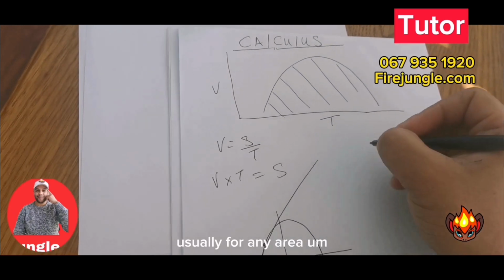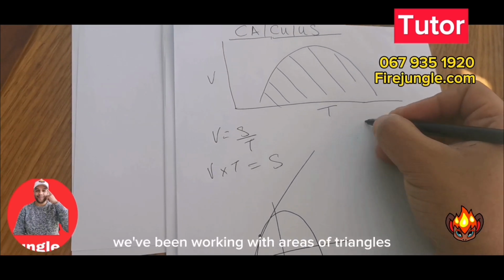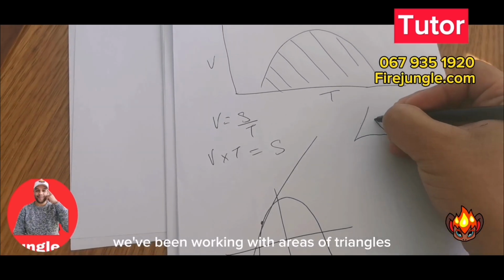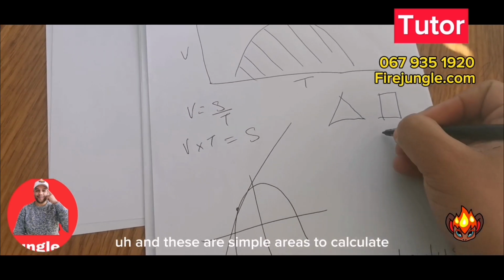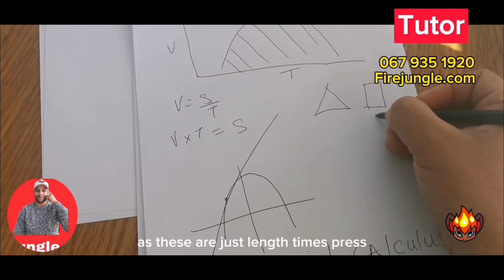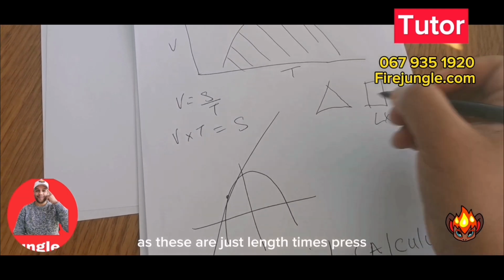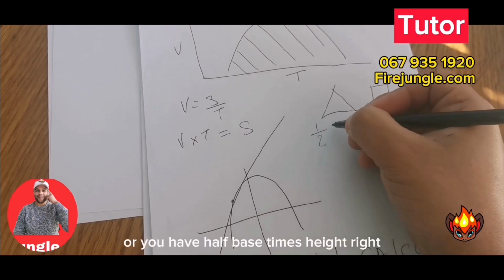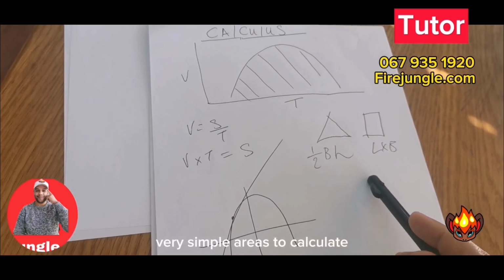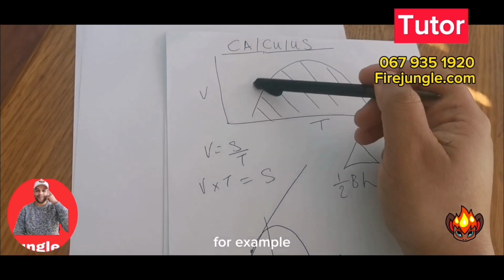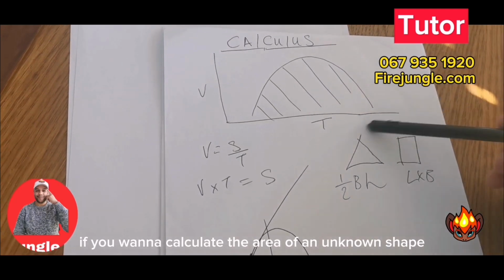Usually for any area to calculate, we've been working with areas of triangles and areas of rectangles, and these are simple areas to calculate, as these are just length times breadth, or half base times height, right? Very simple areas to calculate. But let's say we want to calculate the area of an unknown shape.